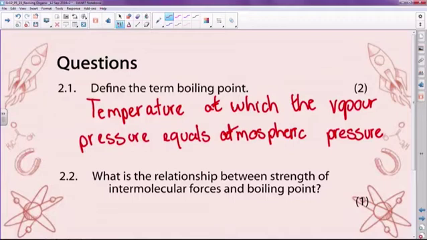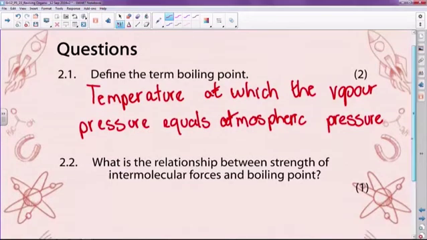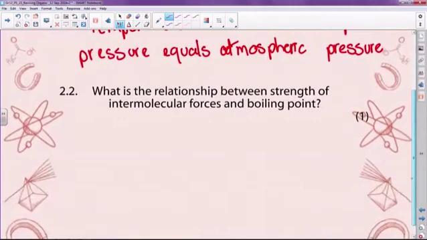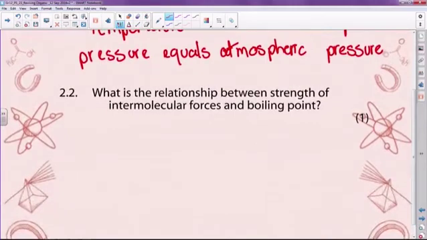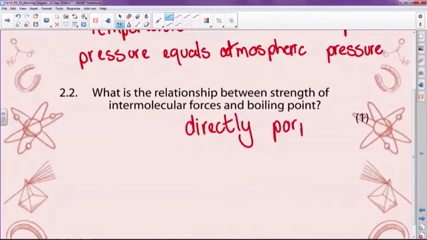Now, they ask you, what is the relationship between strength of intermolecular forces and boiling point? Guys, please be careful here in that you cannot tell me that they are directly proportional. Okay, now before you start to go, well, first of all, Tracy, you're spelling things wrong, so let's not worry about that.